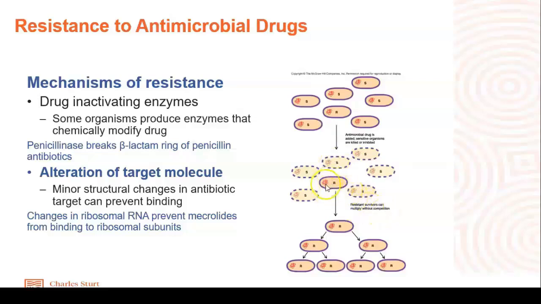Once they start multiplying, all of the progeny are going to be resistant. What you have to imagine is that bacteria replicate very, very quickly. So within this population of sensitive bacteria, most of them are killed, but even if one becomes resistant, it can multiply without competition to produce all of these antibiotic resistant daughter cells.